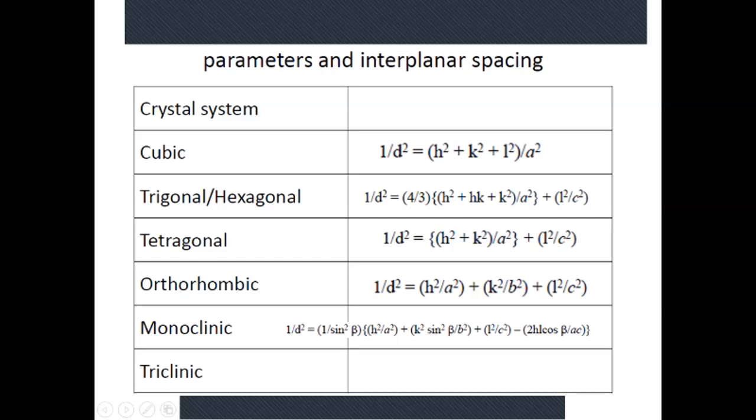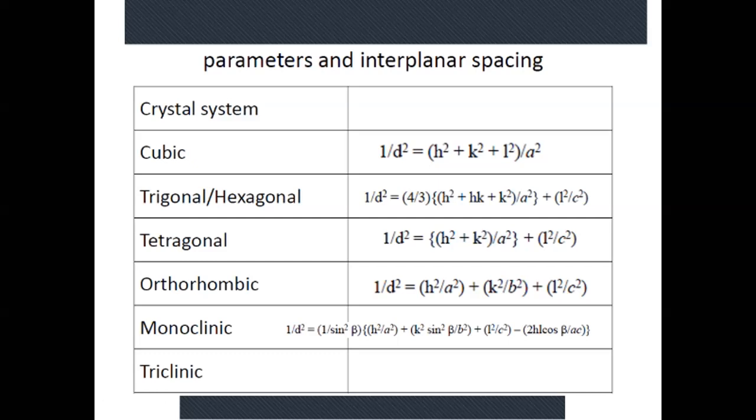Now, as you go to lower symmetry, the equations become a little bit more complex, because there's less restrictions or constraints on the lattice parameters. Again, you don't have to memorize these equations, you just have to know how to utilize them.